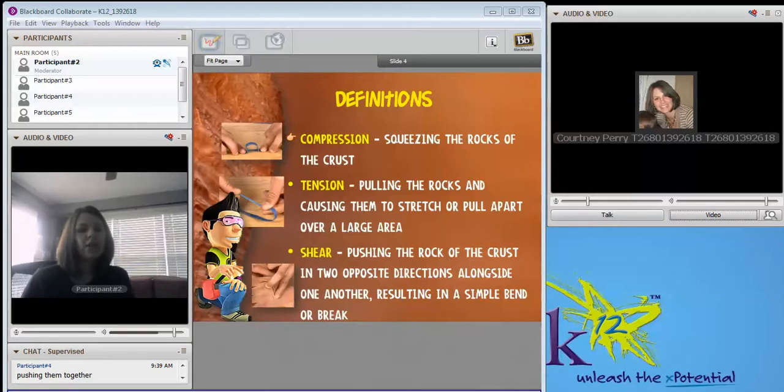Good. Pushing them together, yes. And which boundary is that like? Is that like your convergent boundary, your divergent, or your transform? You've got it. Good job. Yes, it is your convergent boundary. Now, what we're talking about today can happen at a plate boundary, but like I said, it can happen within the same plate. So we're looking at forces that can happen in the middle of the plate, or at plate boundaries. Plate boundaries would be if 2 big plates are moving together, that's a convergent boundary.